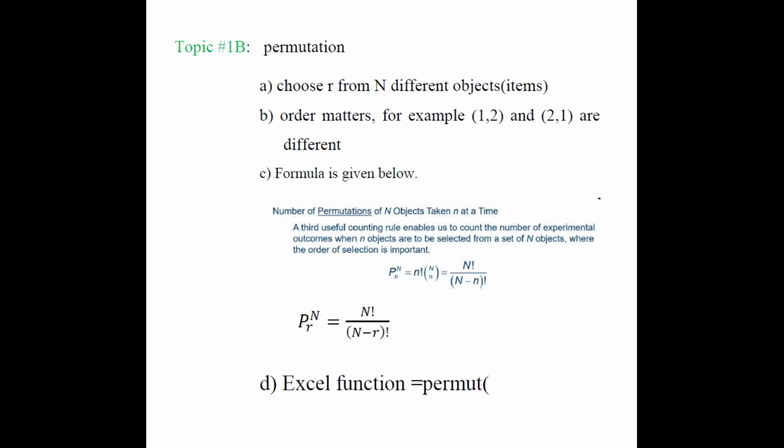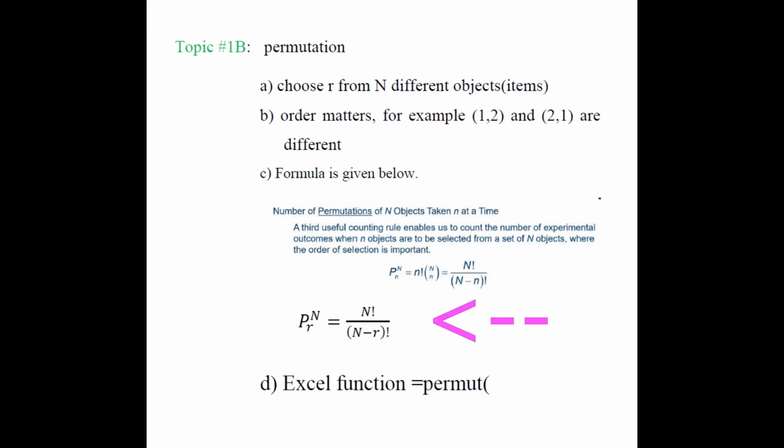Topic number 1b, permutation. The definition of permutation is we plan to choose r items from n different items. For this case, order matters. For example, if we choose 2 items, the first pair is 1, 2, the second pair is 2, 1. 1, 2 and 2, 1, they are different.